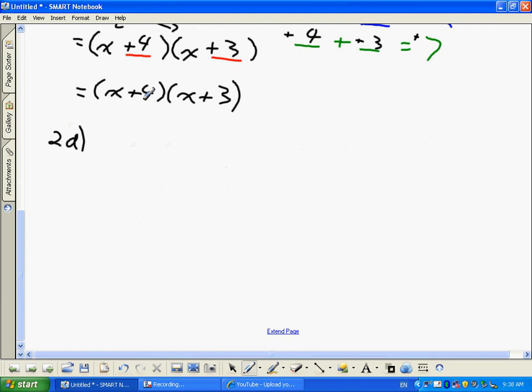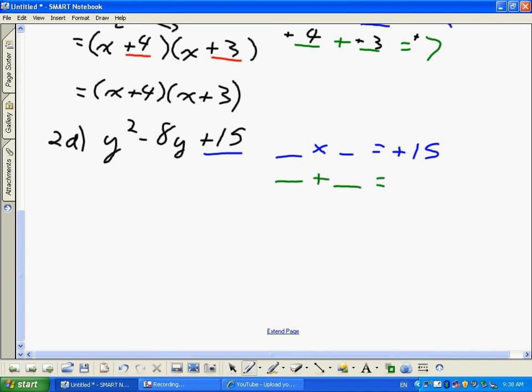Okay, since you guys are okay with that, I'm going to move quickly through this one. 2d, y squared minus 8y plus 15. Same idea. They need to multiply my two numbers to positive 15, and they need to add to negative 8. Okay? Positive 15, negative 8.